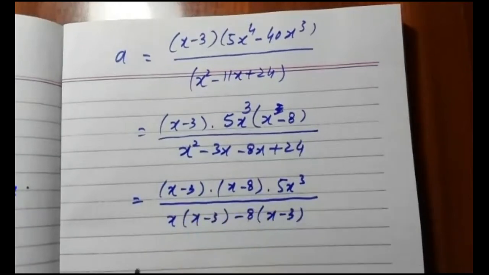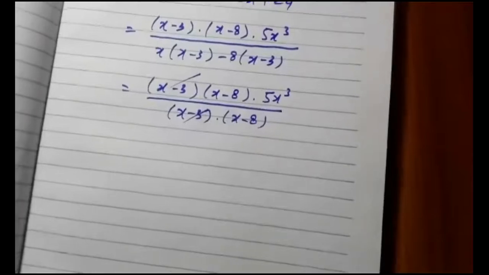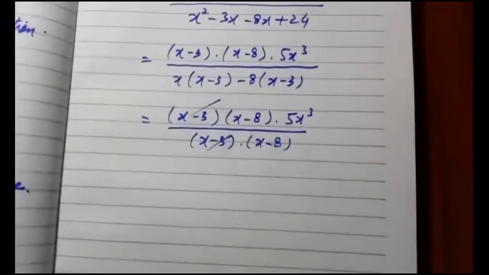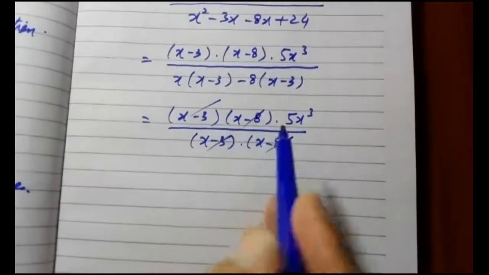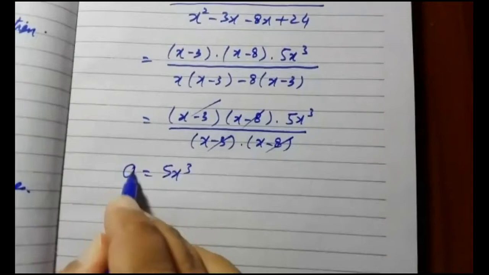So it will be x minus 3, x minus 8, 5x^3, whole divided by x minus 3, x minus 8. Both will be cancelled, both will be cancelled, and we will get only 5x^3 equals A.